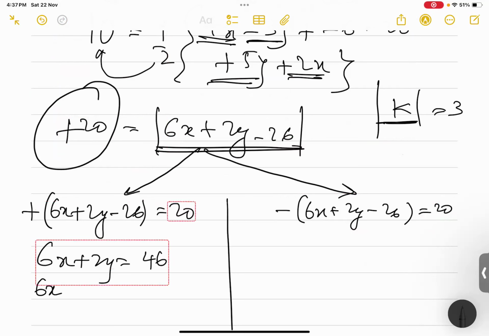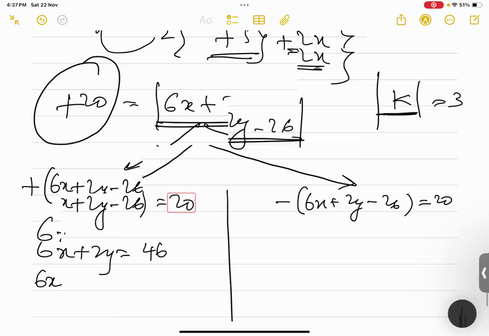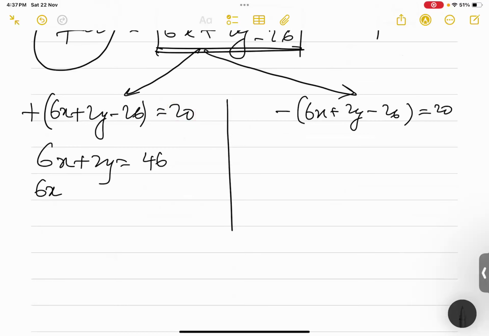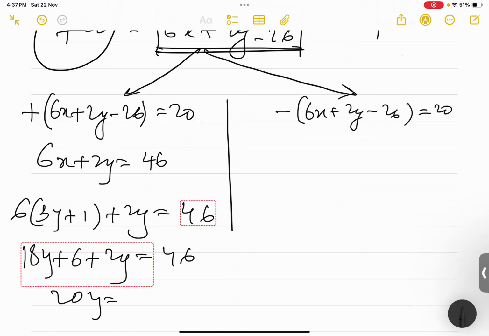Now remember one thing, we got the value of x. x is equal to 3y plus 1. So that we are going to do. x is equal to 3y plus 1, so 6 times (3y plus 1) plus 2y is equal to 46. 18y plus 6 plus 2y is equal to 46. 20y is equal to 40. y is equal to 2.